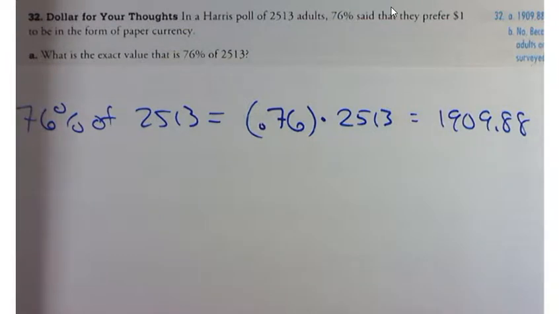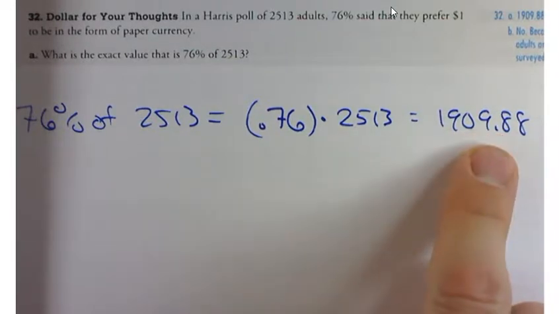So do you think it's likely that of this poll of 2,513 adults, 1,909.88 of them said they'd be in favor of a dollar to remain as their paper currency? Is there a problem with this? Yeah, I don't want people cutting me up.